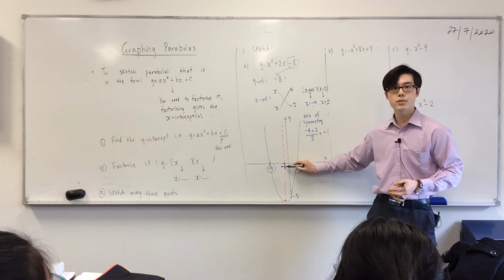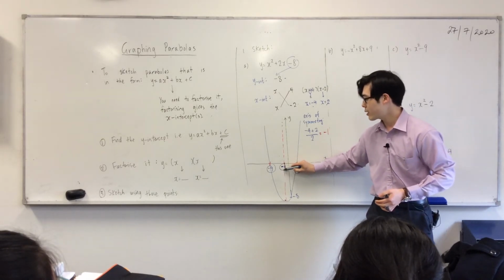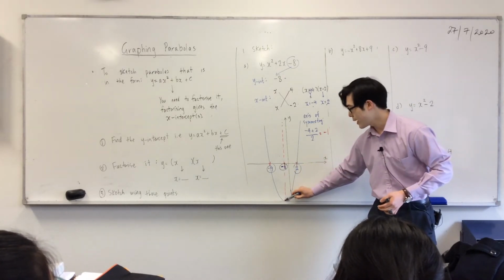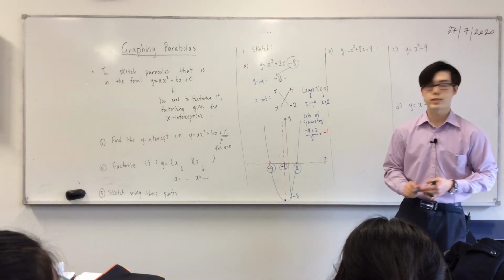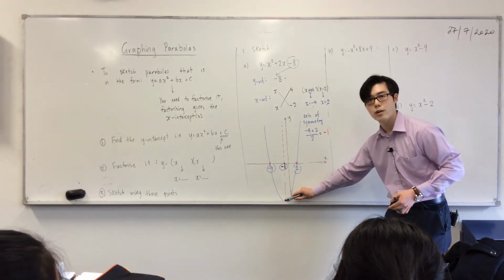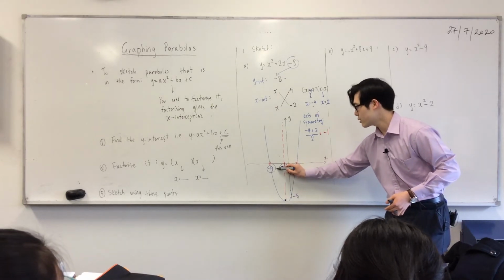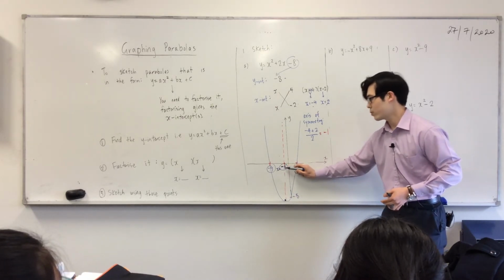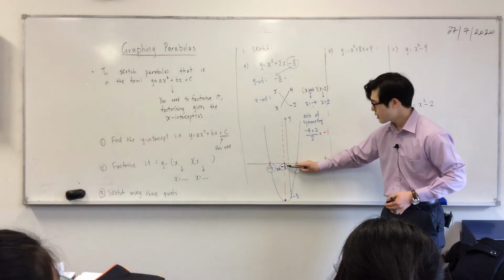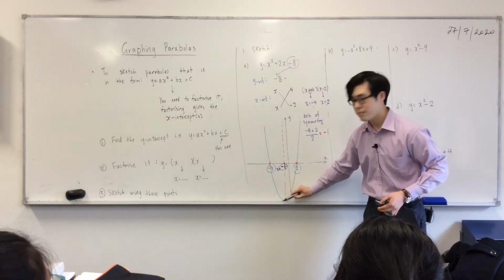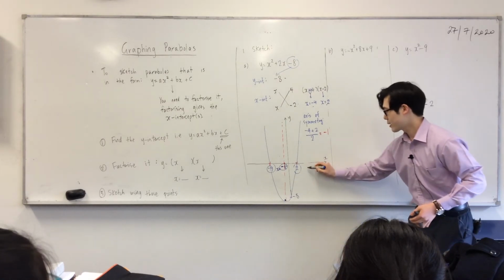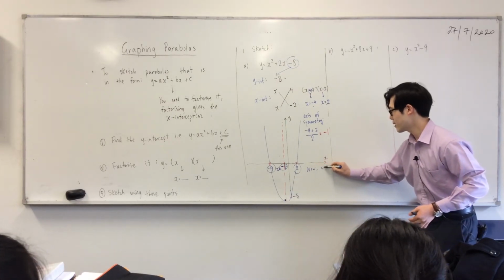So from there, if I wanted to find the coordinate of the vertex or the turning point right there, you just have to substitute that minus 1 back into the original equation, which I will show you in a minute. So x equals minus 1, substitute that back into the original as you can see there. That will give you the y coordinate of the vertex.